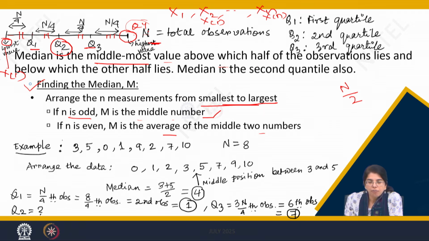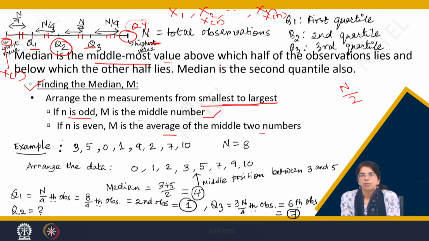For the sake of your convenience, here I have taken one very simple example. The observations are 3, 5, 0, 1, 9, 2, 7, 10. So, how many observations are there? 8 observations.